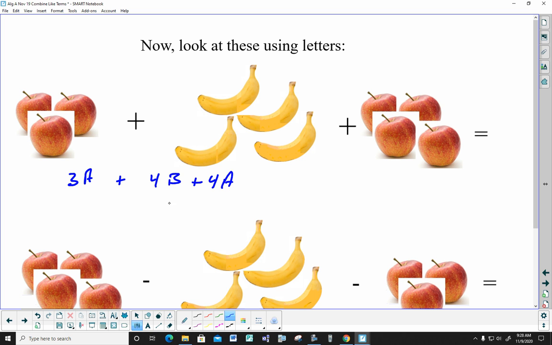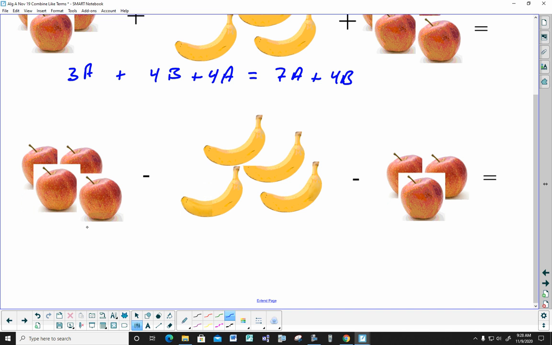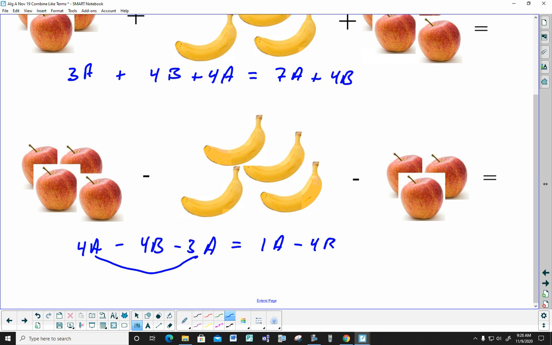The 3A plus the 4A makes 7A plus the 4B's that were still there. Dealing with letters again, if I have 4A minus 4B minus 3A, again, I can combine these 2 things, but I can't bring this with it. It just has to go along for the ride. So that would be 1A minus 4B.